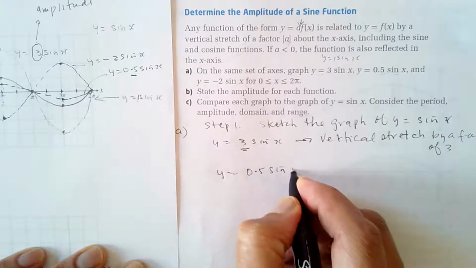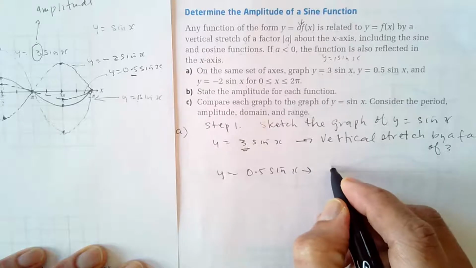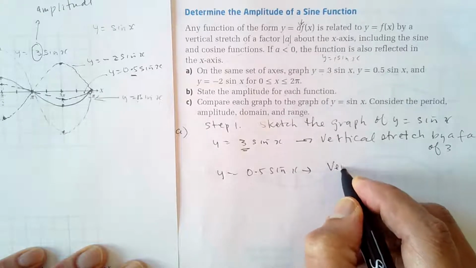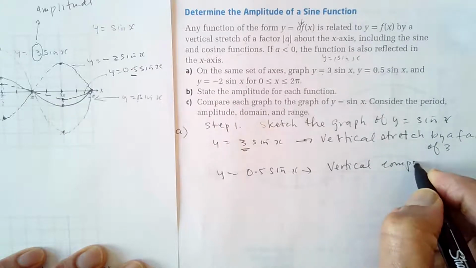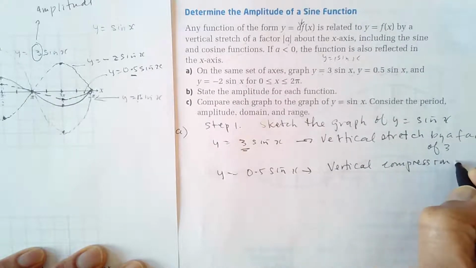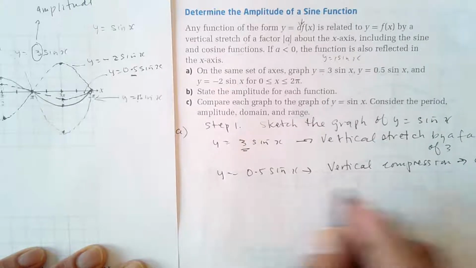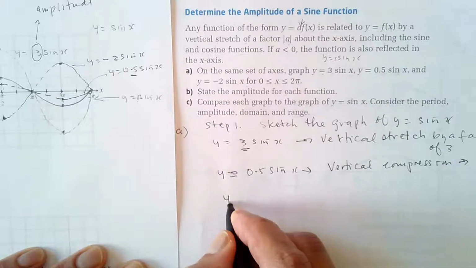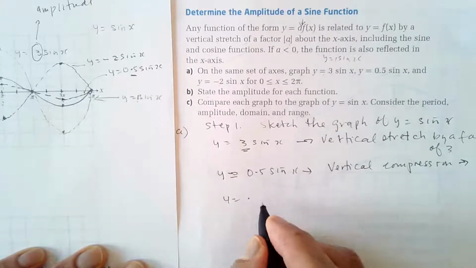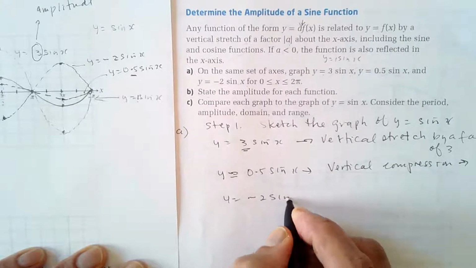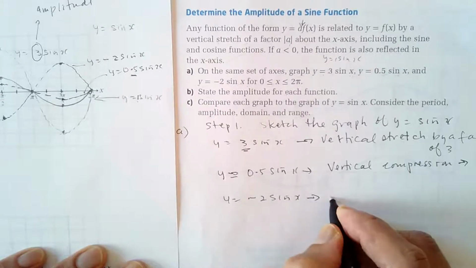So y is equal to 0.5 sine x. This is a vertical compression of 0.5, and y is equal to -2 sine x.